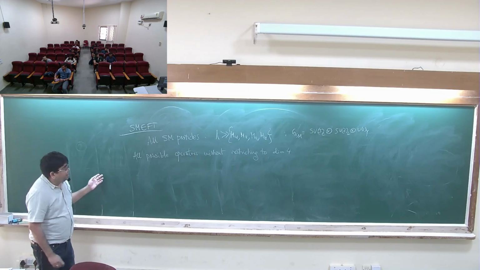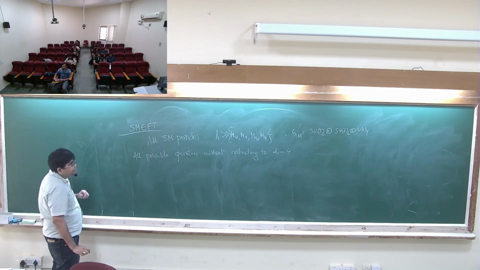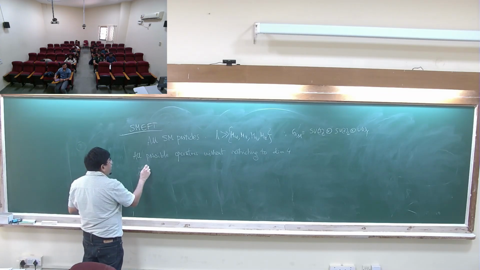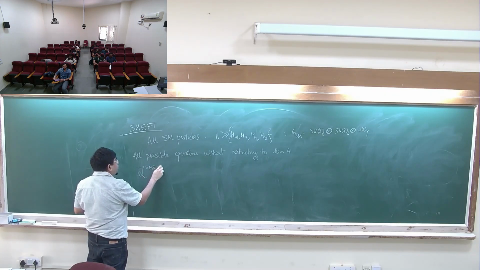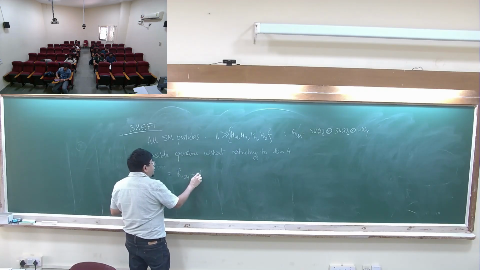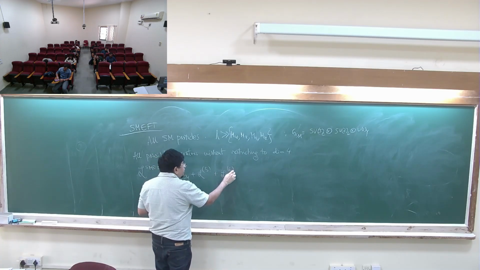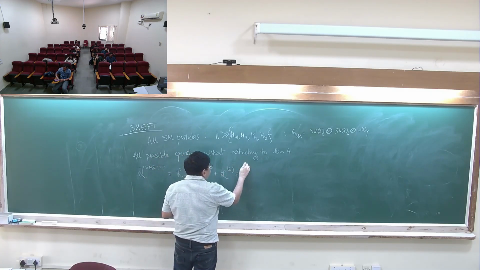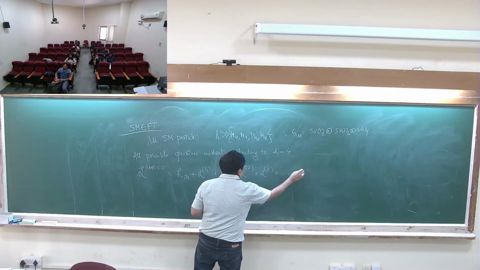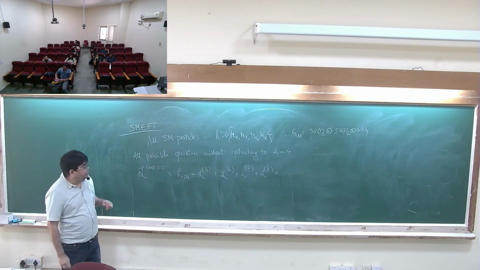So you have L SMEFT, L SM plus L5 plus L6, L7, L8.